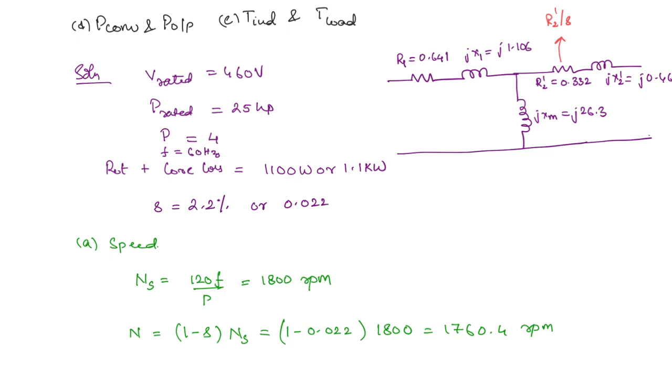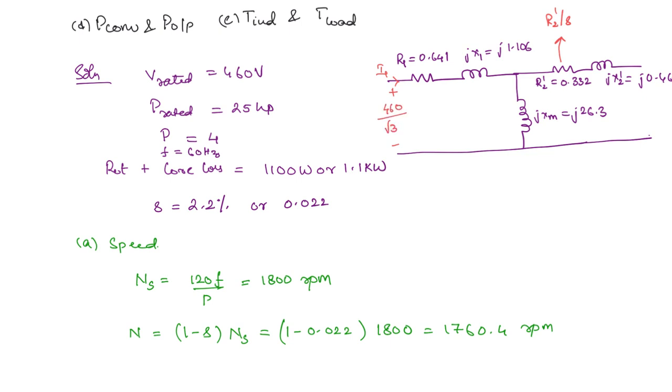Now what is the next question? We have to find out the stator current. So the stator current will flow like this. And what about the voltage that is appearing here? The rated voltage is given as 460 volt. But the equivalent circuit that we draw is per phase. Usually the rated voltage will be the line to line voltage, so this is going to be 460 divided by root 3.